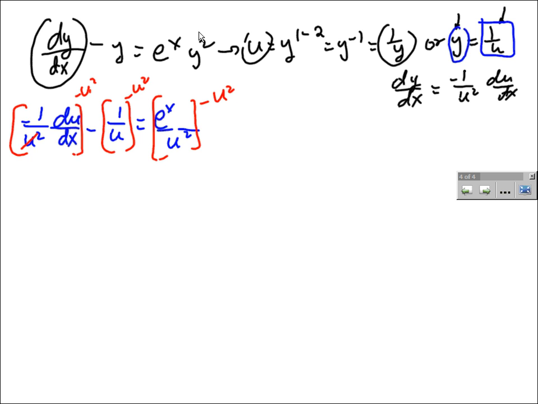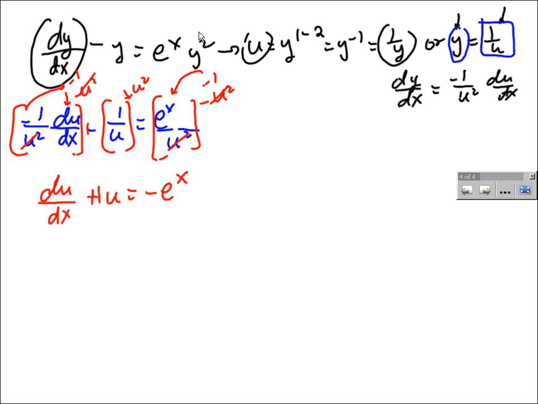The u squares cancel out to negative 1, and negative 1 times negative 1 is 1, times du dx is du dx. Minus a minus, we just get plus u is equal to negative 1 times e to the x, which is negative e to the x.